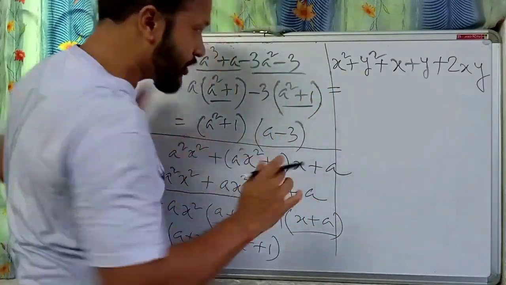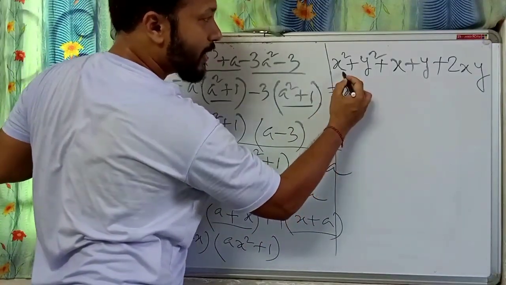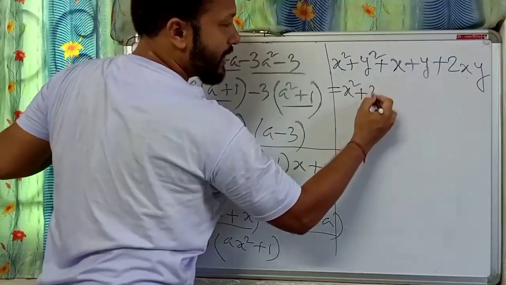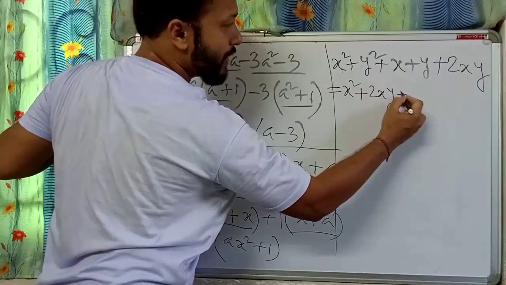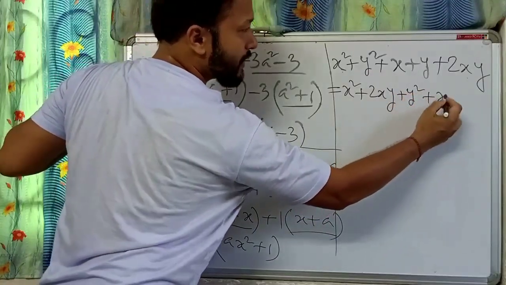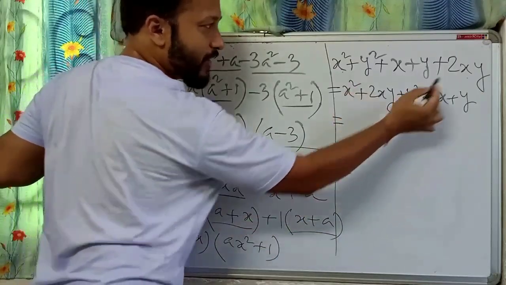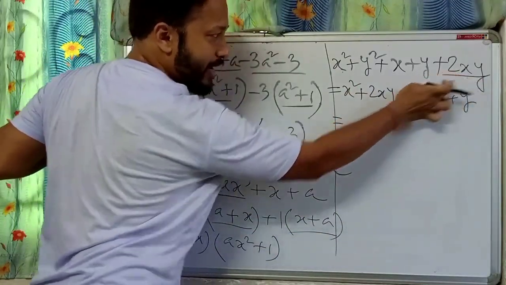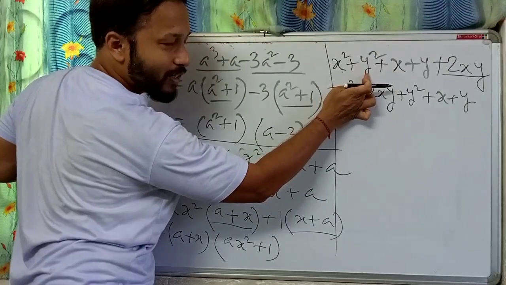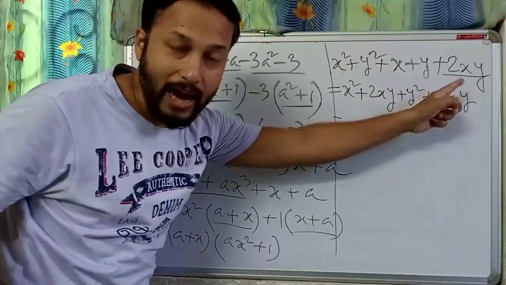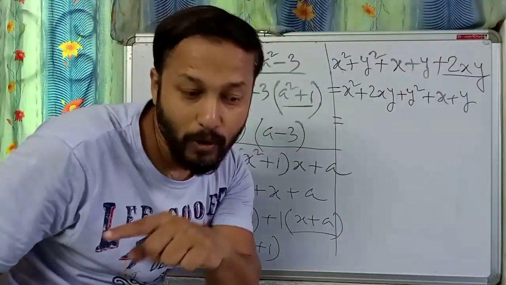What do you have to arrange? x square plus 2xy plus y square plus x plus y. So what I have done is I am writing this 2xy in between x square and y square.